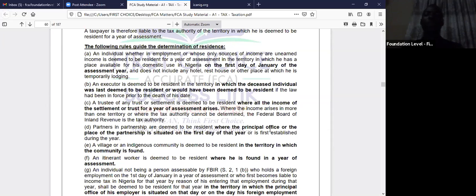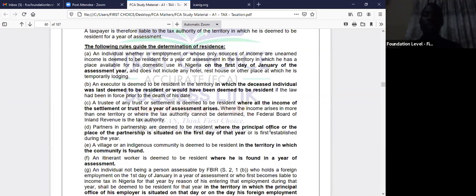So you see now, first day of January becomes the first relevant year. So you are being taxed wherever you are deemed to be resident.